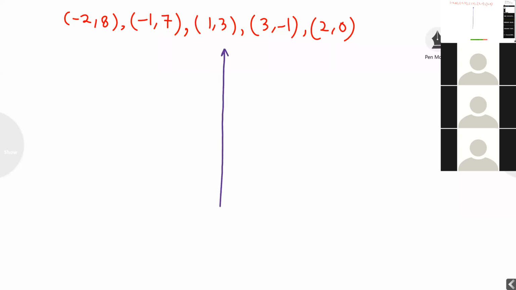This is called vertical axis, y dash. Next, this is called horizontal axis, x dash.